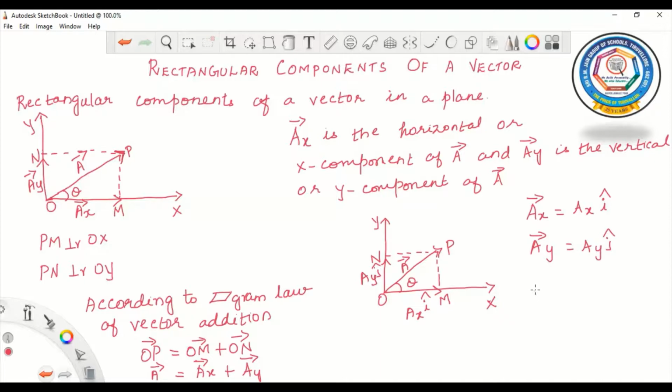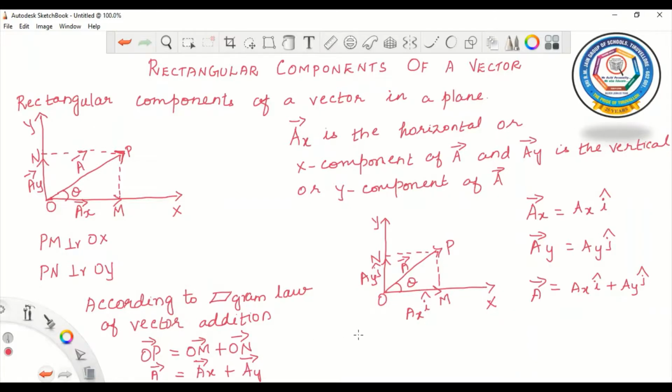So can you write it as A vector is equal to AX i cap plus AY j cap? This A vector equal to AX i cap plus AY j cap is the equation for vector A in terms of its rectangular components.